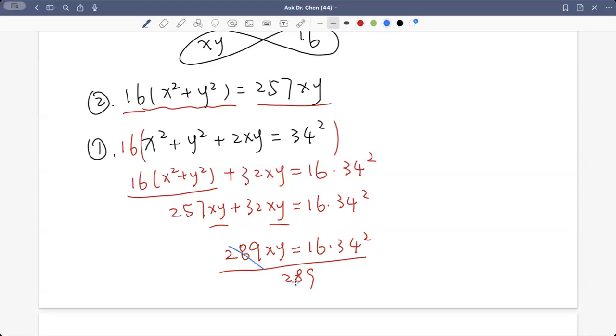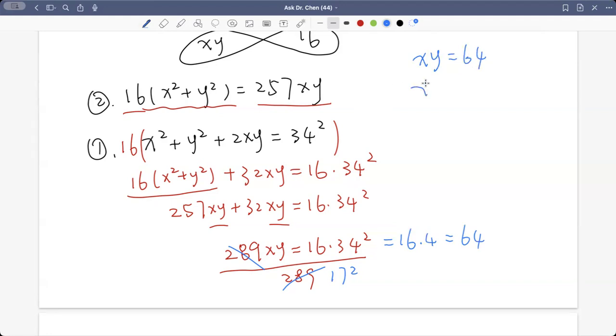Now 289 actually is 17 squared, right? So 34 squared divided by 17 squared. 34 divided by 17, that's 2. So we get 16 times 2 squared, which is 4, which gives 64. So x times y equals 64.